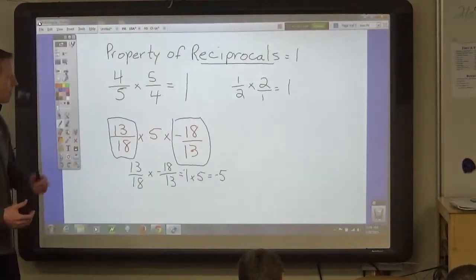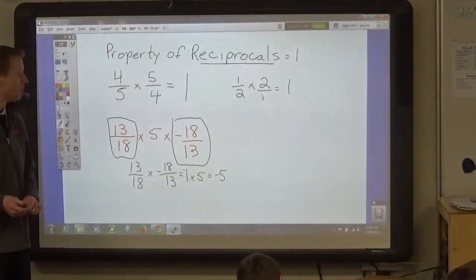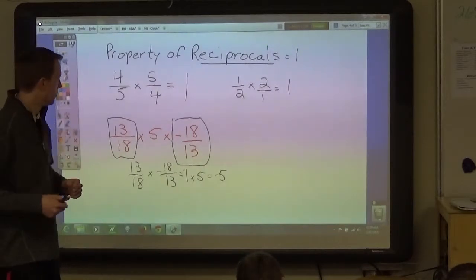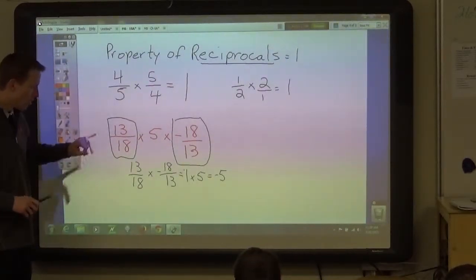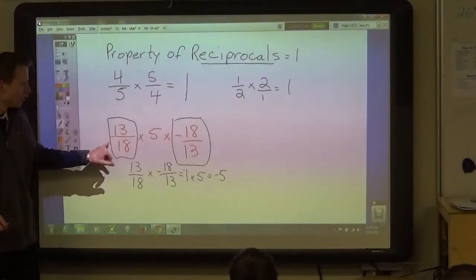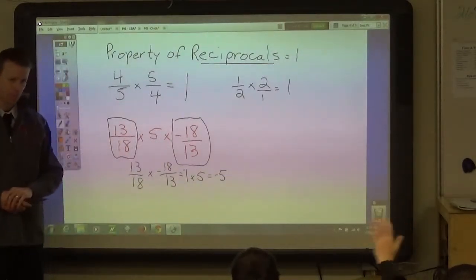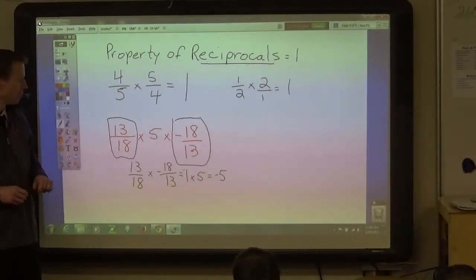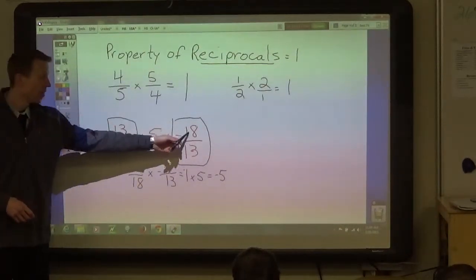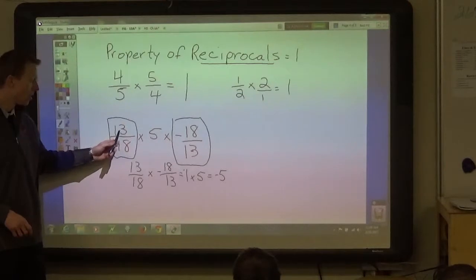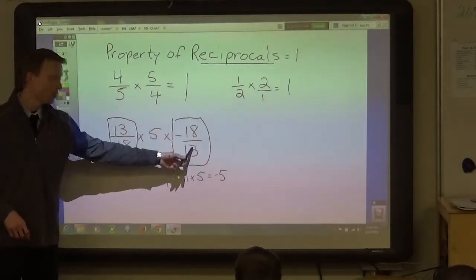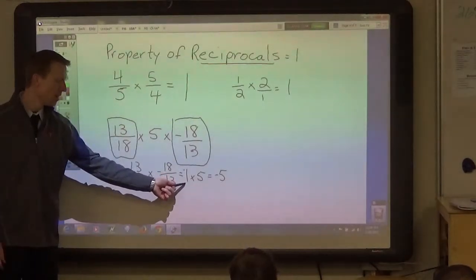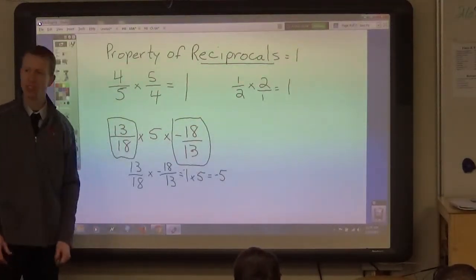So we use these ideas to simplify and to compare numbers. For example, we can simplify this expression, and what do you notice? Gracie? That they're reciprocals. You notice that 13/18ths and 18/13ths are reciprocals, but this one is negative, so it makes it -1, and then times 5, which is -5.